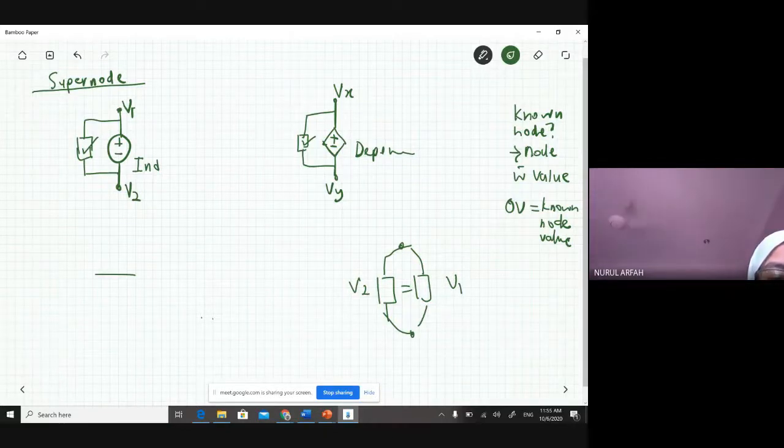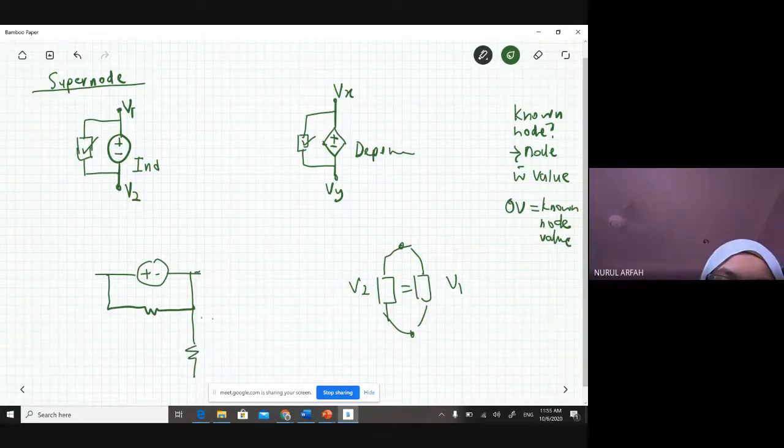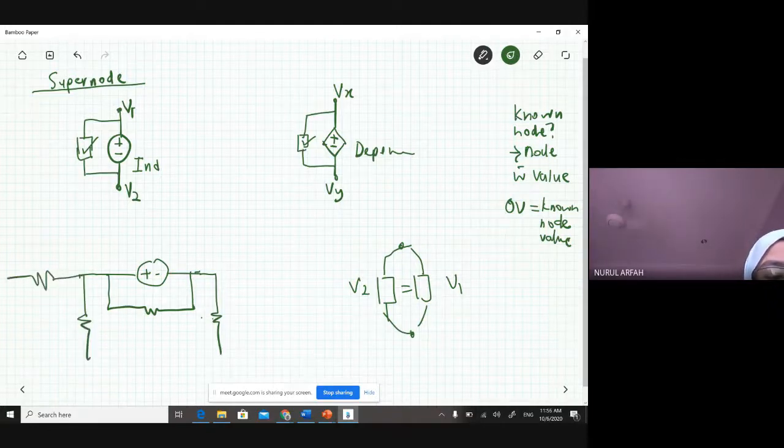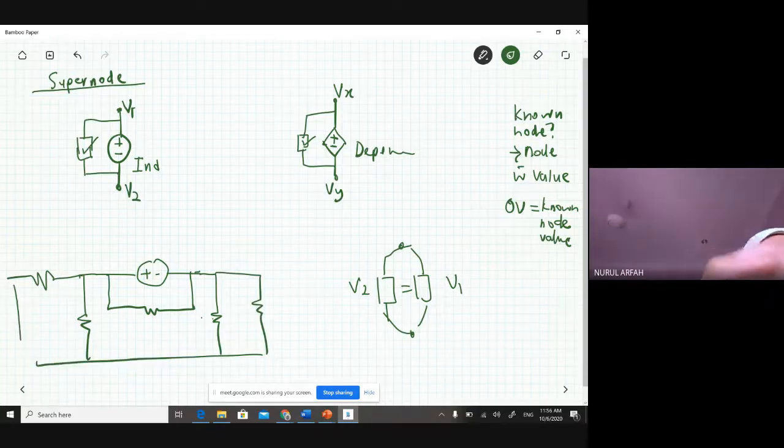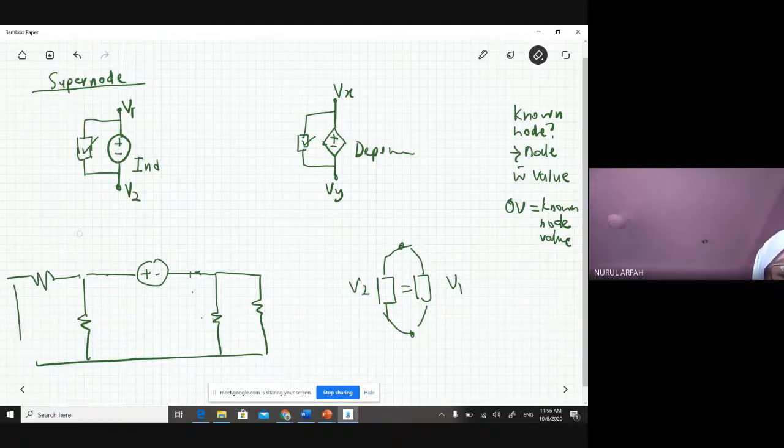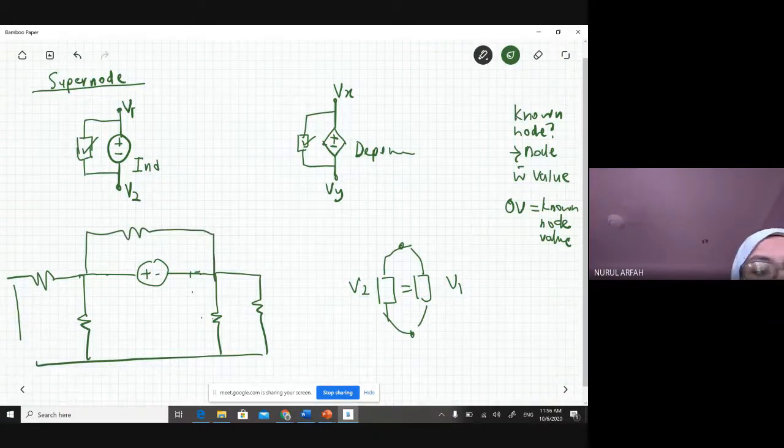My example is something like this. Maybe I put a resistor here. Okay, I just put something like this so that you can see it clearly.